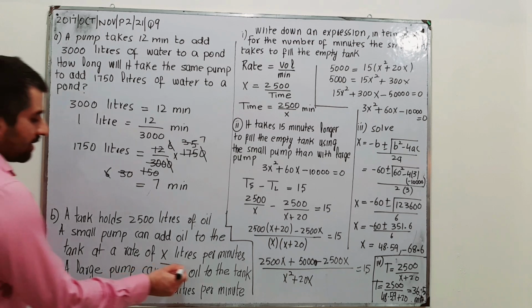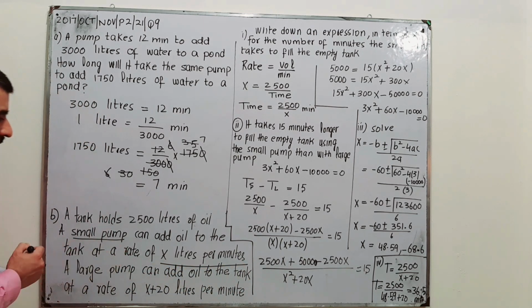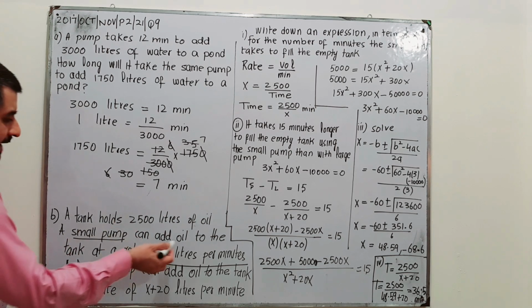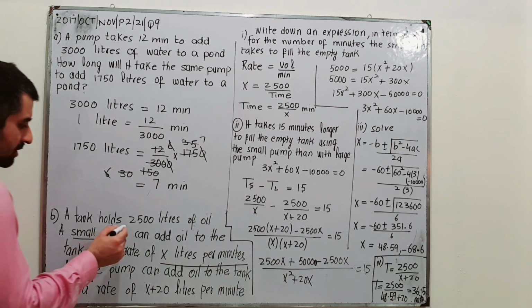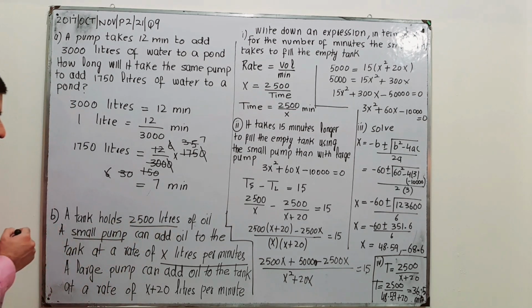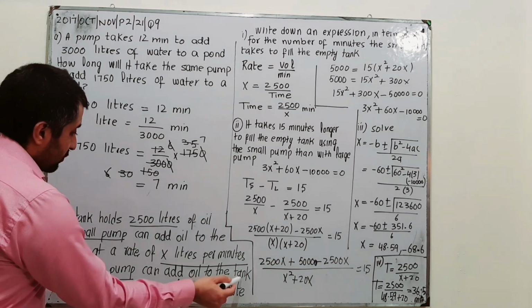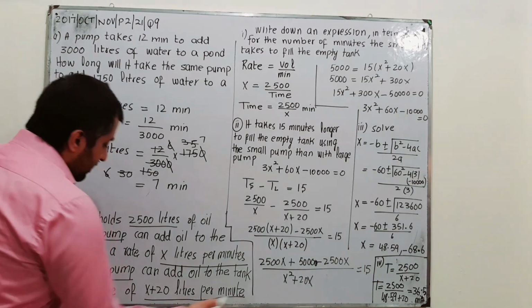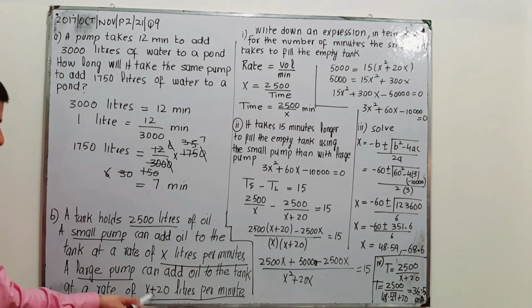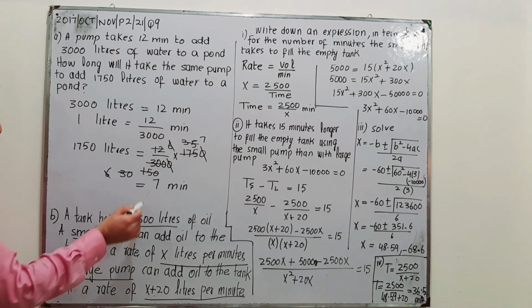This is the rate, and that rate is for a small pump that will add oil to the tank, whereas the tank has the capacity of 2500 liters. Now a large pump, which is another pump, can add oil to the tank at a rate of x plus 20 liters per minute. So we have a different rate for the large pump and a different rate for the small pump.